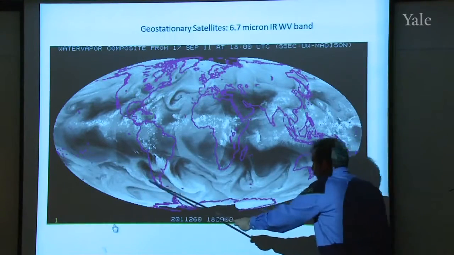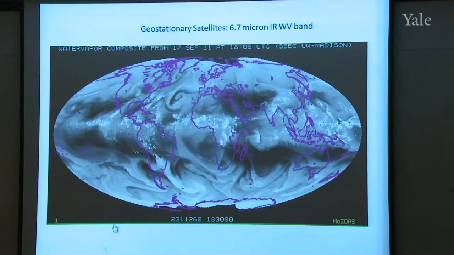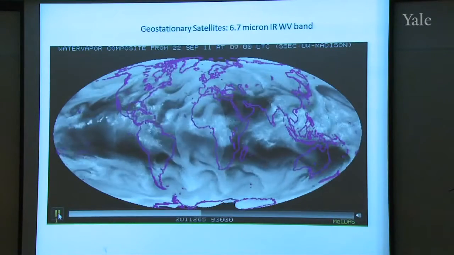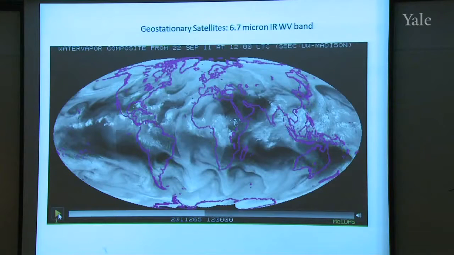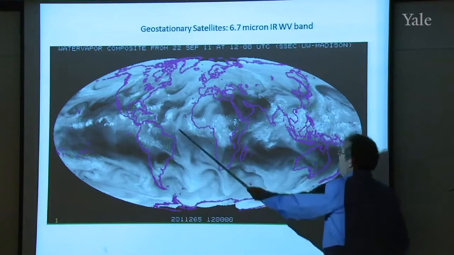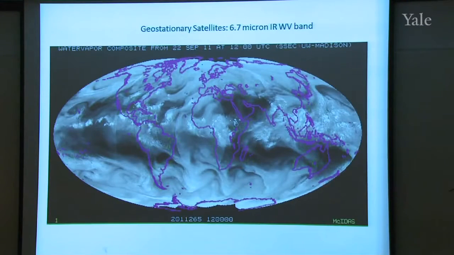And then there's moisture again down here being stirred in both high northern and southern mid-latitudes by these frontal cyclones. Let me put this into motion. So again, you see the general sense of motion east to west through here, but west to east here and here. I'll finish up that loop.